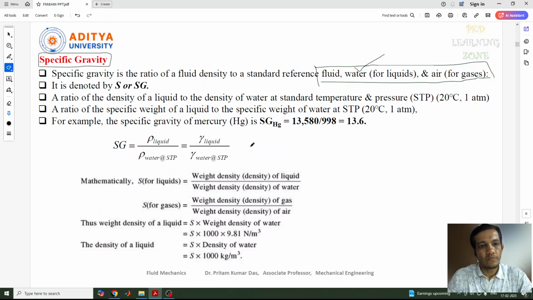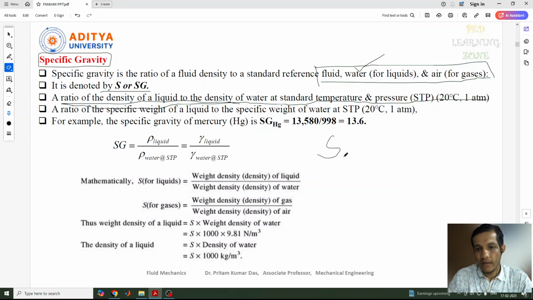So how to define the specific gravity of a liquid? It is the ratio of density of liquid to the density of water at standard temperature and pressure. How to denote this? S or SG.